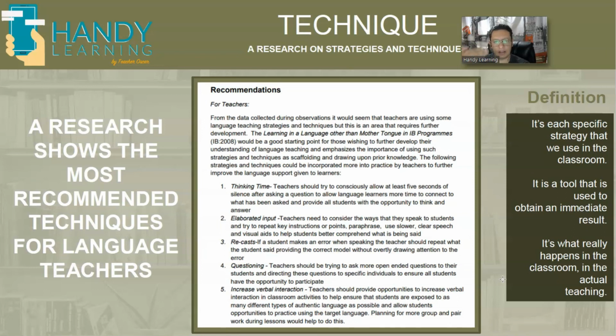We must elaborate more open-ended questions in which we have our students respond with more elaborated answers as well. We need to reprogram our mind to produce questions that are understandable for our students as well. And finally, we need to increase our verbal interaction with them so they can increase their interactional skills, and of course, their vocabulary.